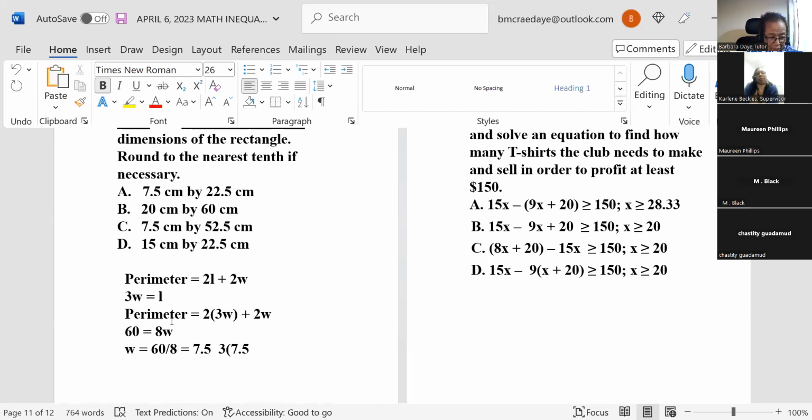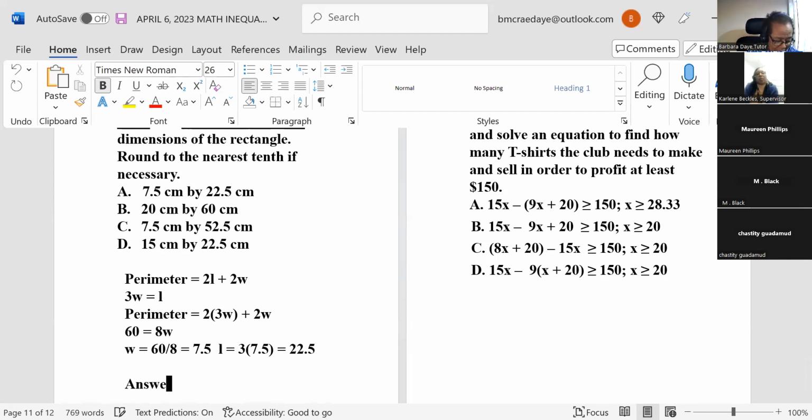Calculated, 22.5. What is that, Mercedes? 22.5. So what's the answer? The answer is A. So L, the length, equals 3 times 7.5. So the dimensions would be 7.5 by 22.5. So answer A.